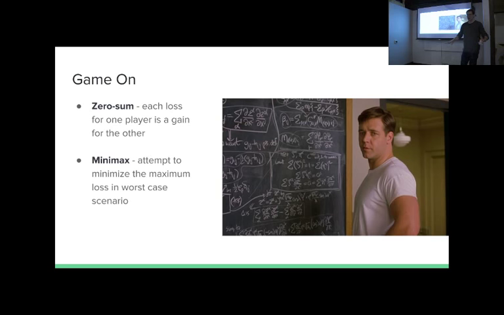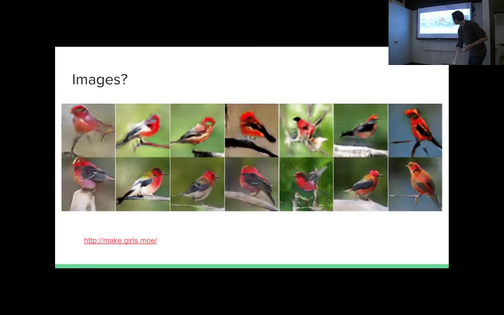You want to keep the worst case scenario to a minimum. You can think of the prisoner's dilemma or something like that if you're into game theory. The reason I have Russell Crowe up here is because he's playing John Nash, the famous game theorist who discovered the Nash equilibrium. And the solution to the game is a Nash equilibrium. So I thought that was kind of cool.